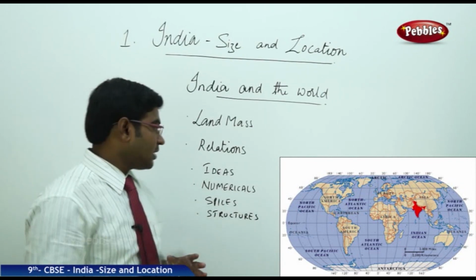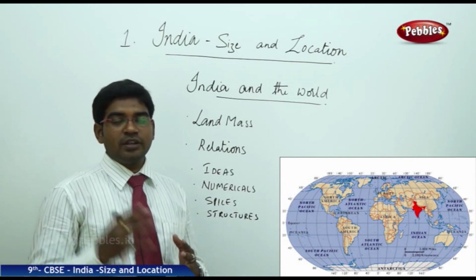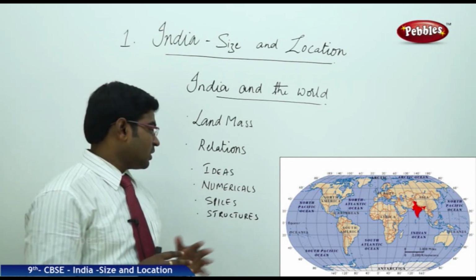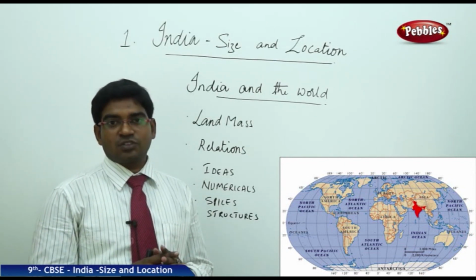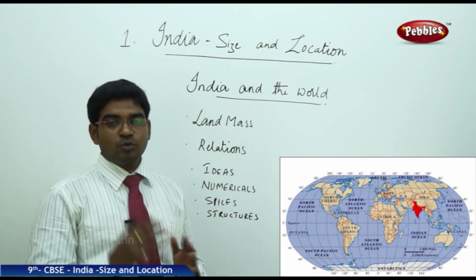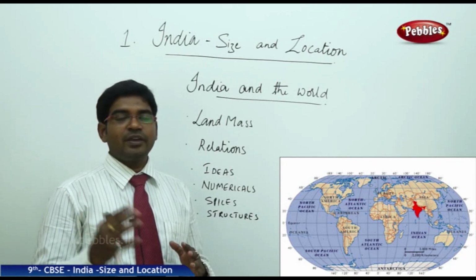Then we also have the trade in spices, muslin cloth, and also the borrowing of architectural structures like the dome structure and the minarets, which we have now in various places.